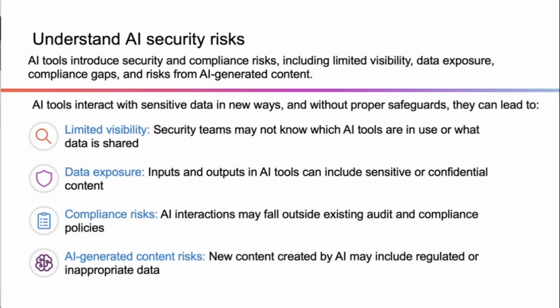Data exposure is a critical thing, and this happens through the browser. So, like I said, putting in the browser extensions if you don't have Edge for Business is important. And there's extensions for Chrome and Firefox. Those are the two key ones. And of course, compliance risks.